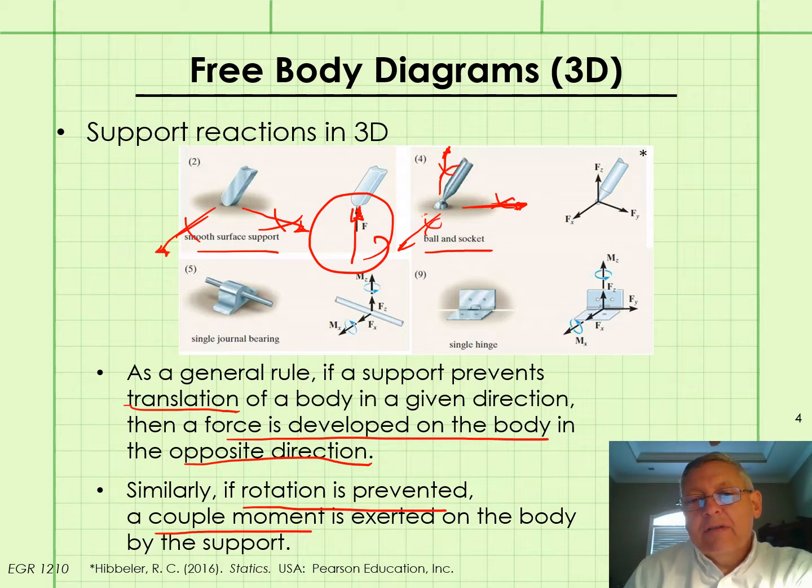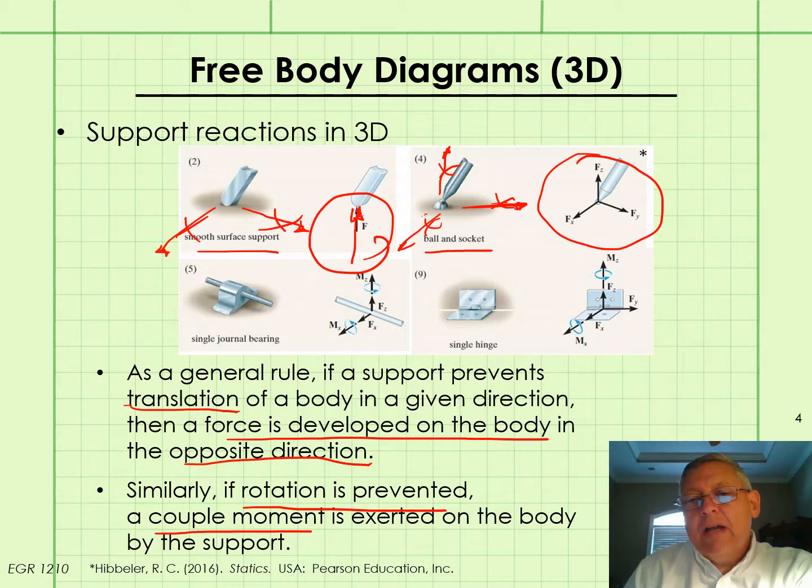Not being consistent with Xing these out, but hopefully you're following along. So I'm going to show the three force components in the X, Y, and Z direction in the free body diagram.